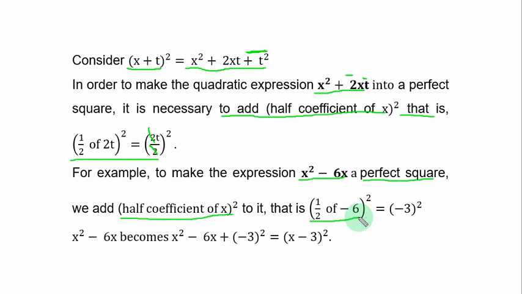So of means times, so 1/2 times minus 6 is minus 3, all squared. So 9 is added to the equation. It is now a perfect square. And from lesson 1, when you factorize, you have (s - 3) squared.